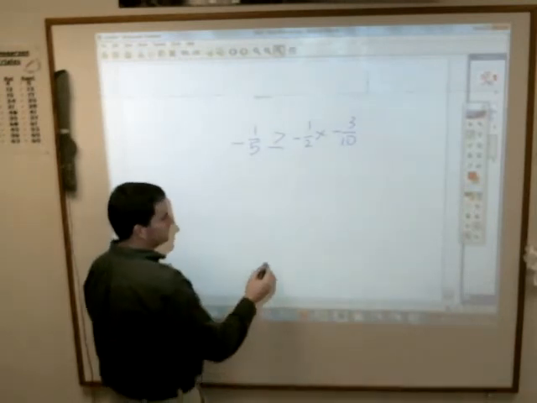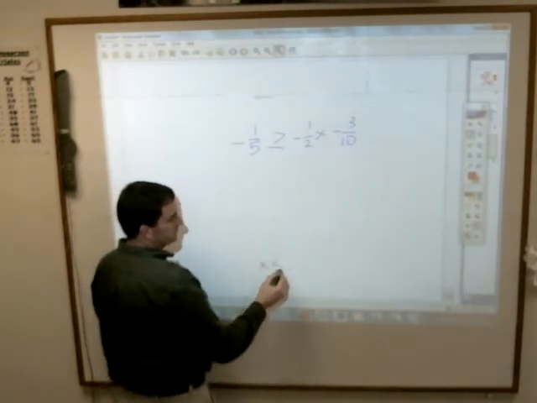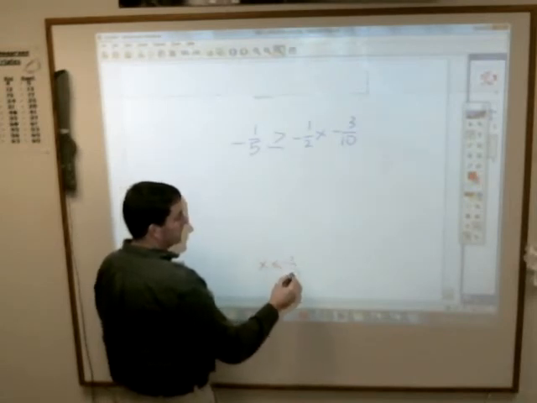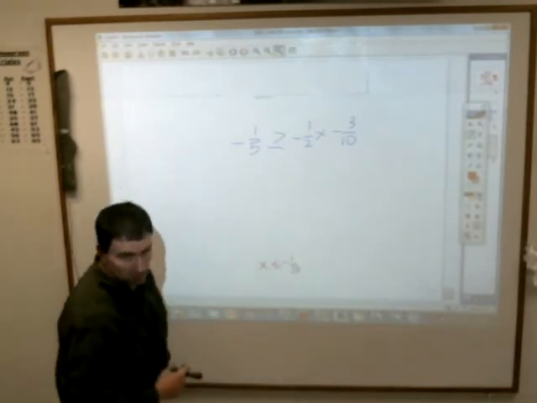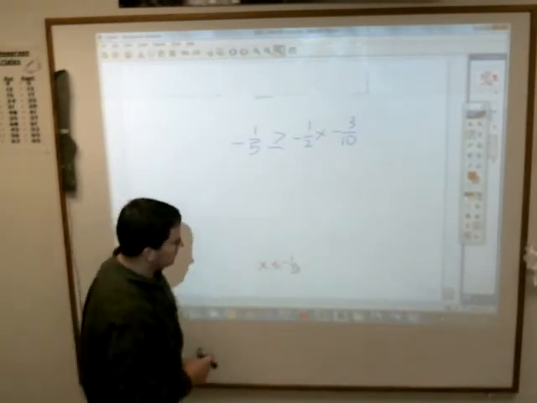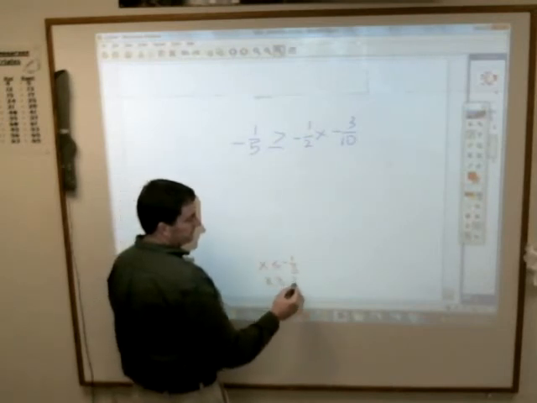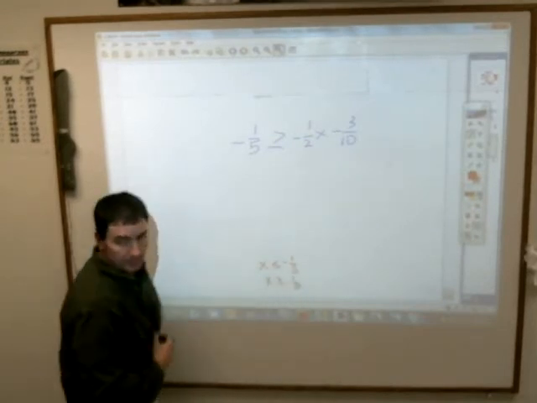X is less than or equal to negative what? Negative 1/5. Anybody else on the negative 1/5 bandwagon? Oh, Kyle? X is greater than or equal to 1/5. Very good. Anybody else on that one?